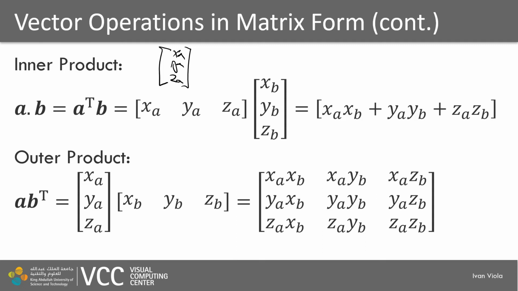Here we can see how the individual multiplications are forming the individual elements. It's a multiplication of each component from each vector with another component. The full combination is represented here.